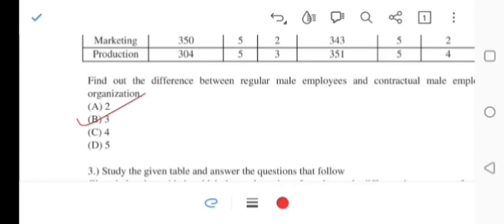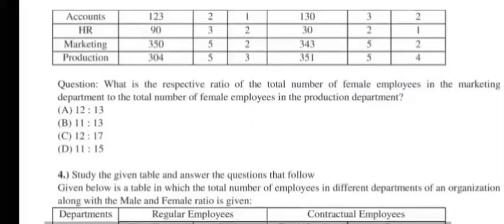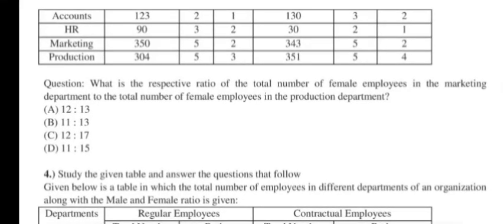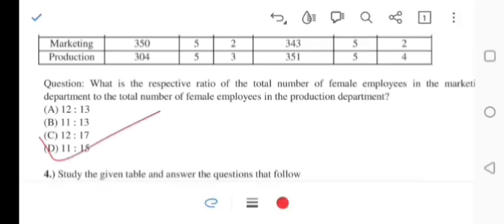That is number B. Number 3 says, what is the respective ratio of the total number of female employees in the marketing department to the total number of female employees in the production department? 12 ratio 13, 11 ratio 13, 12 ratio 17, 11 ratio 15. The correct answer will be 11 ratio 15, number D.